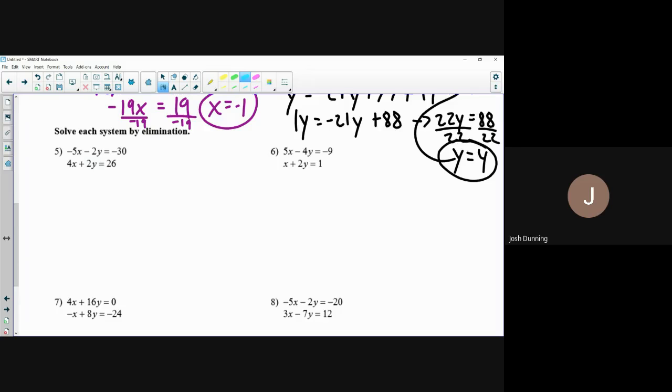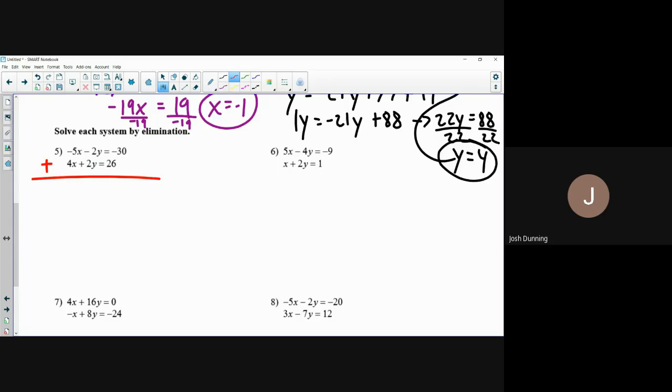Number 5, the first example of this, is an easy one. If I add these, look at the y's. You have a -2 and a +2. Those will cancel each other out.